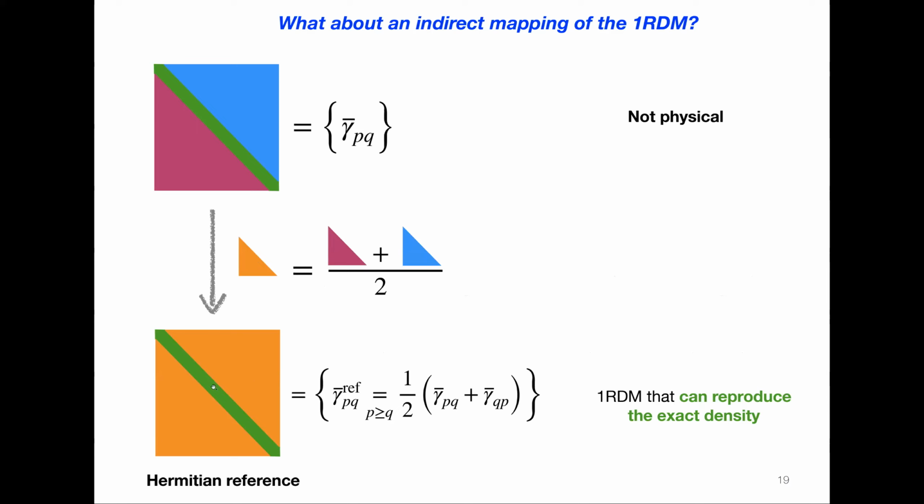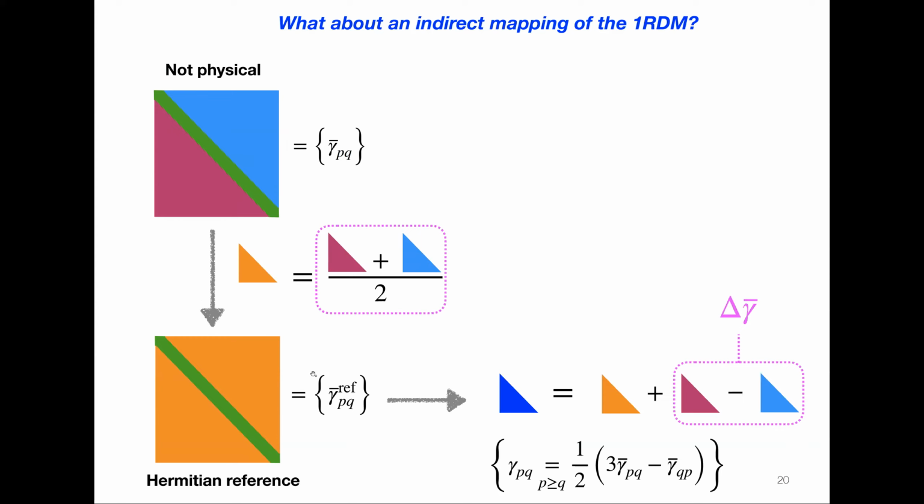This symmetric or Hermitian density matrix, I will call the reference density matrix. So it has some information, especially the density. I could always try to cook it such that, like the Kohn-Sham system, it reproduces the exact density. But as I told you, I want more. I'd like to reproduce more information about the correlated density matrix. And the question is how to do this.